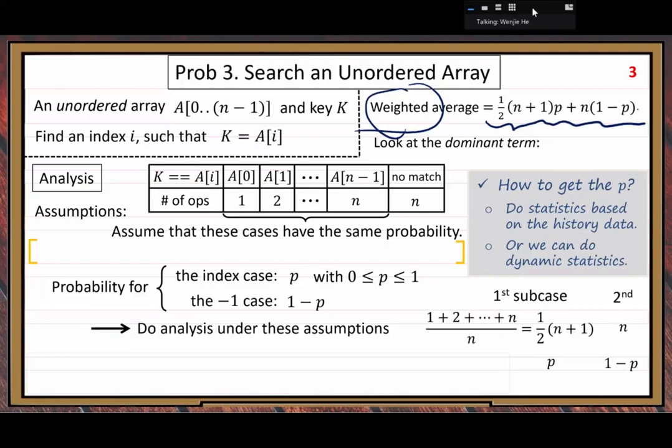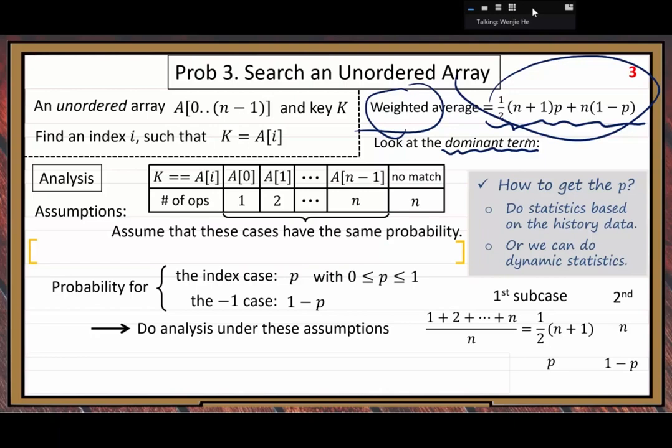Then, if you consider the total value of this function, there is a concept called a dominant term. Here, can we treat this function as a polynomial? Yes, it is a polynomial.